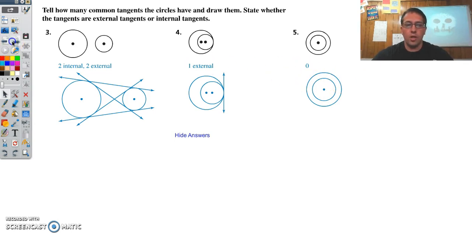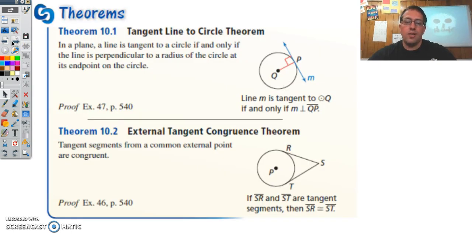So that's no good. Now, what we're going to talk about now are a couple of properties of tangent lines, tangent segments. Any line or segment that is tangent to a circle has to be perpendicular to a radius. Okay? Over here, if line M wasn't perpendicular to the radius, it would go inside the circle at least a little bit.